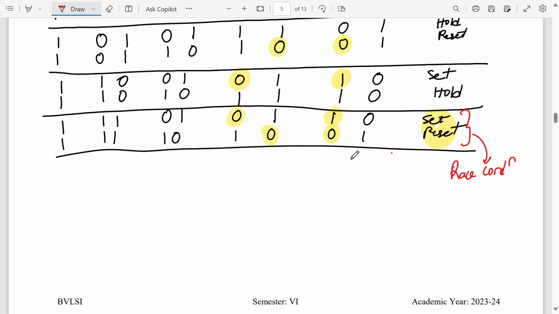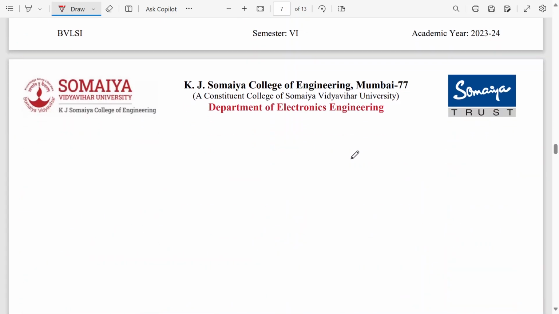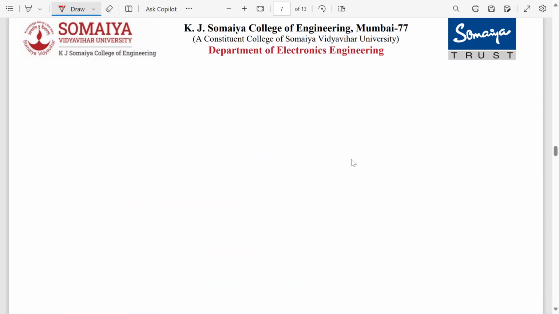I'll show you both, but do the design for only one. Okay, let's start. So I told you why it is required to eliminate the race condition. Master slave JK flip flop.